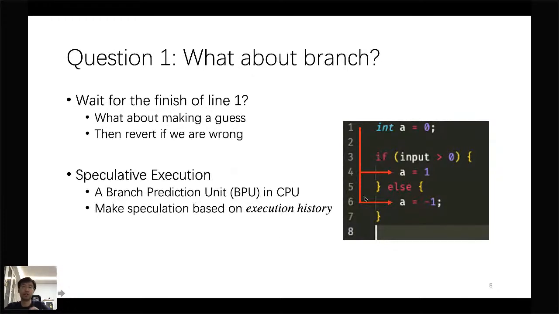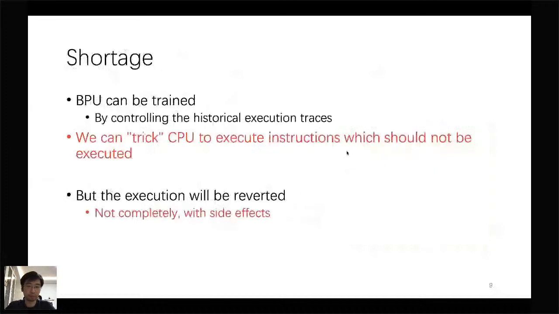There are actually very complex algorithms behind it, but for simplicity, I will use a simple model. For example, if all my historical executions just take the true branch, then my prediction unit will say, okay, the next time I reach the line 1 code, I will take the true branch, because from my historical experience, the true branch has the greater possibility of being taken.